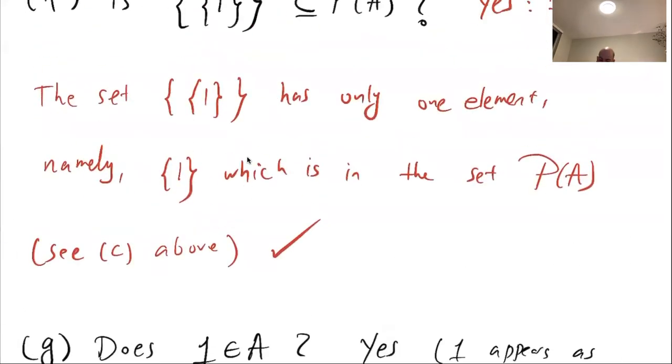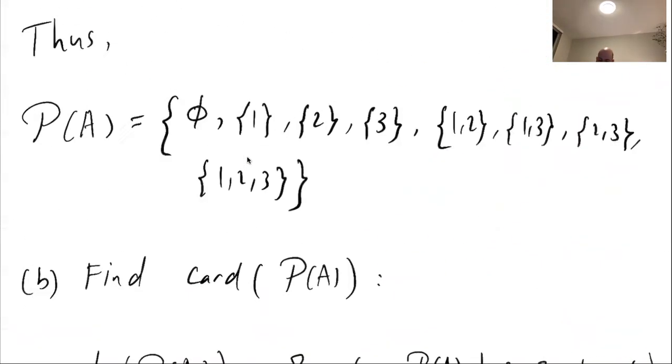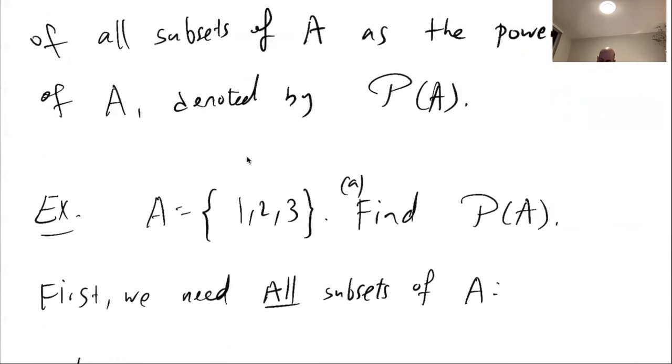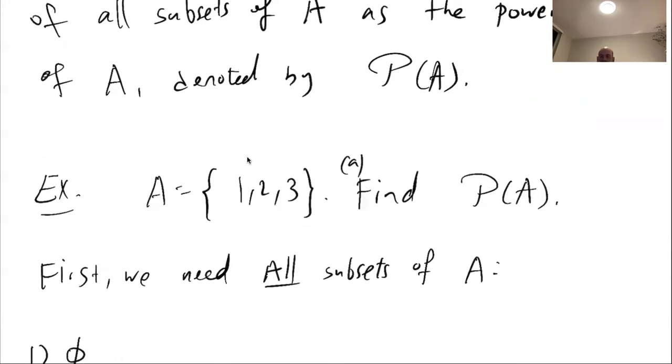So we saw that, with only this simple example, A equals {1, 2, 3}, and P of A, we could ask so many questions. Some of them are a little bit confusing. Again, you have to do some practice with the power set. It's a new concept, right? A set whose elements are not numbers, but are sets themselves. We have similar ideas in mathematics. For example, for functions, normally we see the inputs and outputs of a function to be numbers.